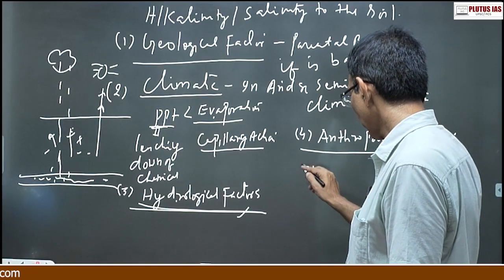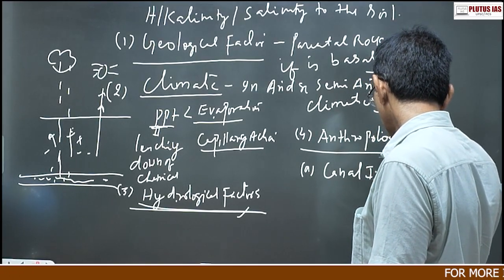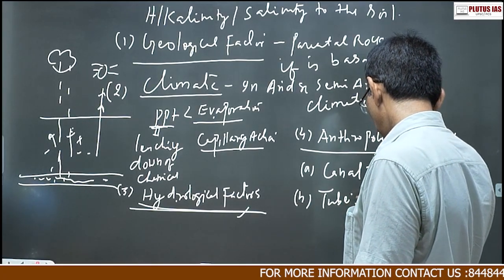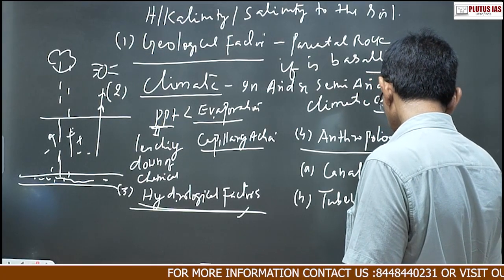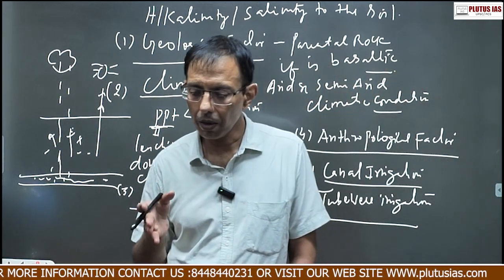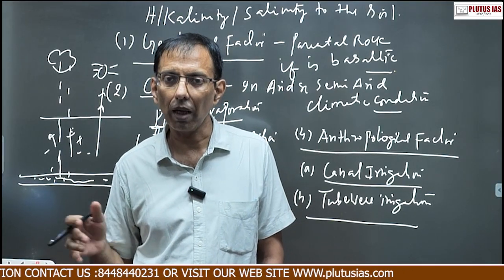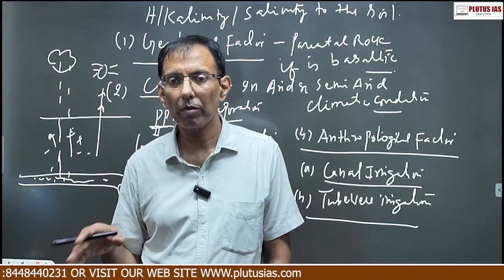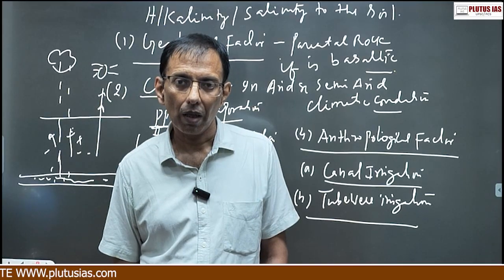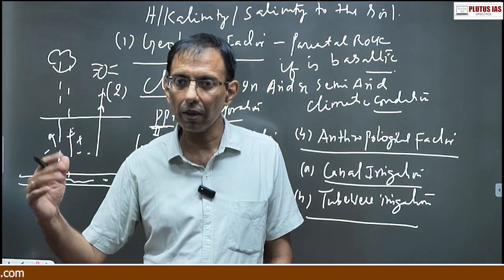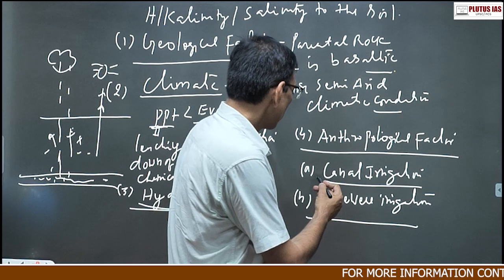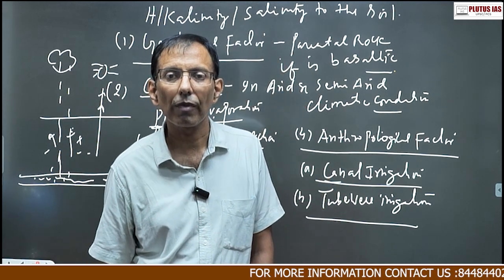Like if you have canal irrigation or tube well irrigation, in canal irrigation, if there is some kind of lining on the walls of the canal, slowly and gradually some water from the canal would be drained sideward, and with passage of time evaporation takes place and there would be accumulation of salt in the soil. It is basically caused due to canal irrigation.